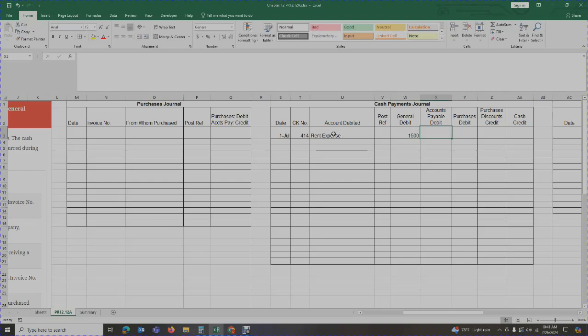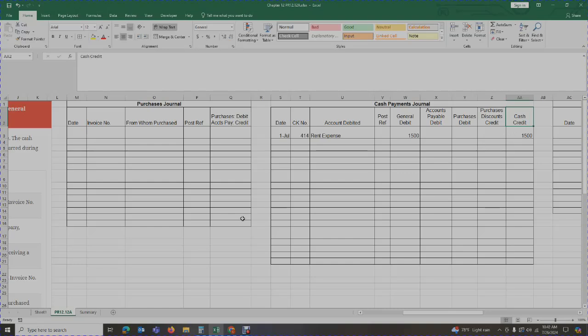We pay our rent with cash, so cash would need to be credited $1,500. So rent expense gets debited, cash gets credited. You see we have both the debit and the credit on the same line item.